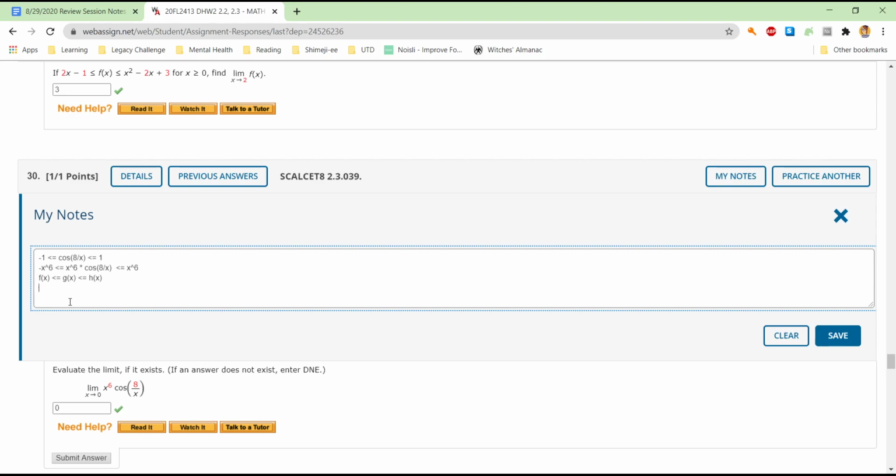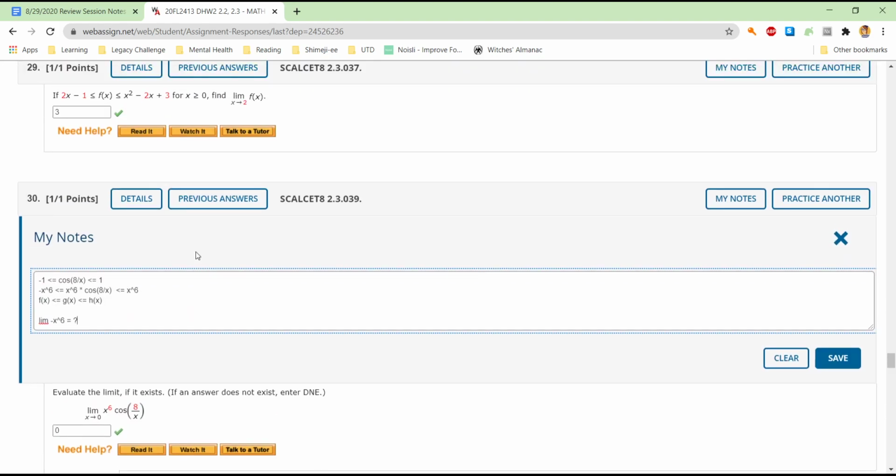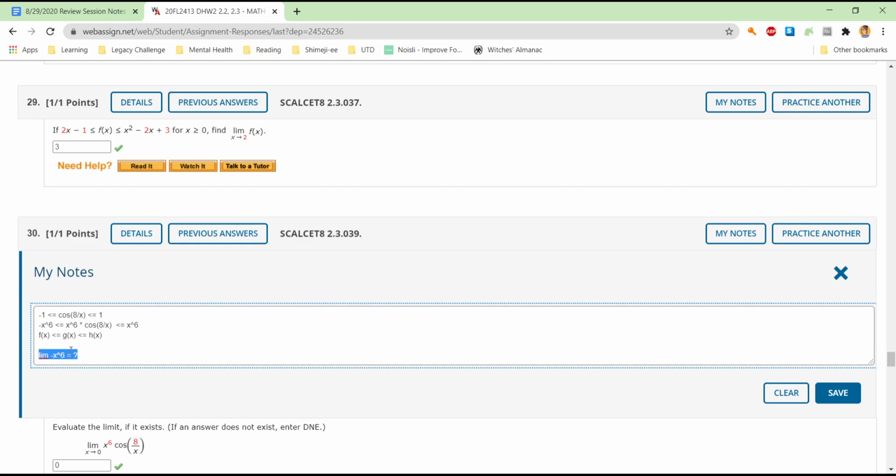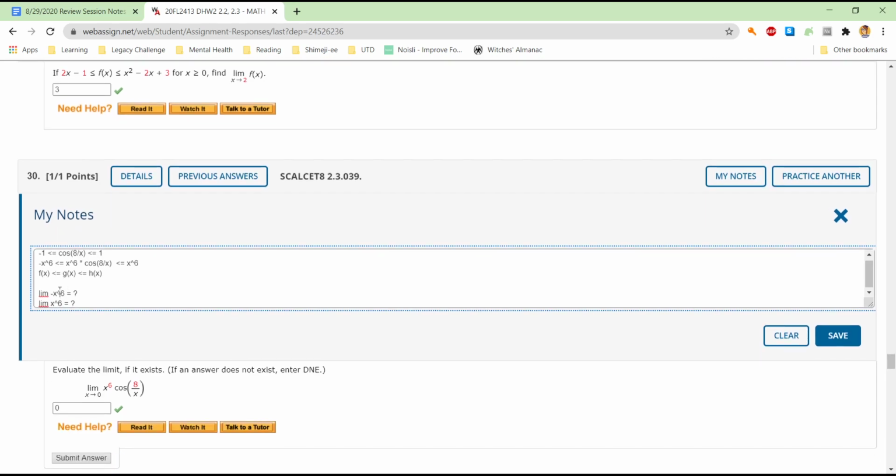To do this, we would set up the limit. So limit as x approaches 0 of -x to the 6th is equal to what? And then we would do the same thing for the last value. So our quote unquote f of x and our quote unquote h of x, right?